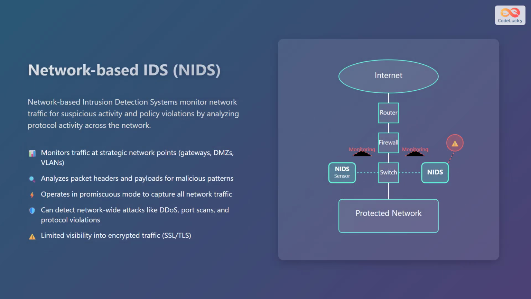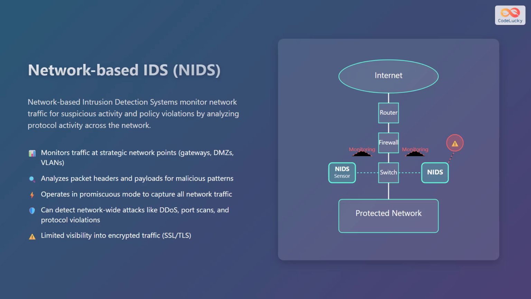Let's take a closer look at network-based intrusion detection systems, or NIDS. Network-based intrusion detection systems monitor network traffic for suspicious activity and policy violations. They achieve this by analyzing protocol activity across the network. NIDS monitors traffic at strategic network points, such as gateways, demilitarized zones, or virtual local area networks.